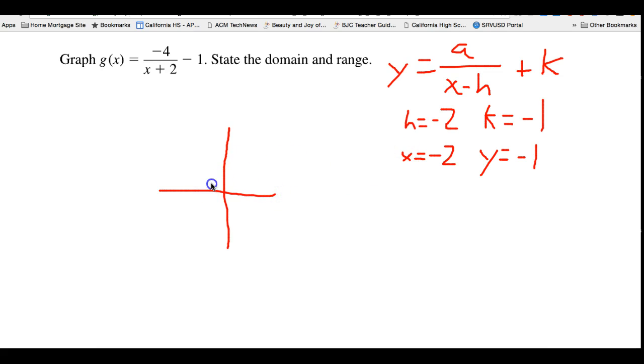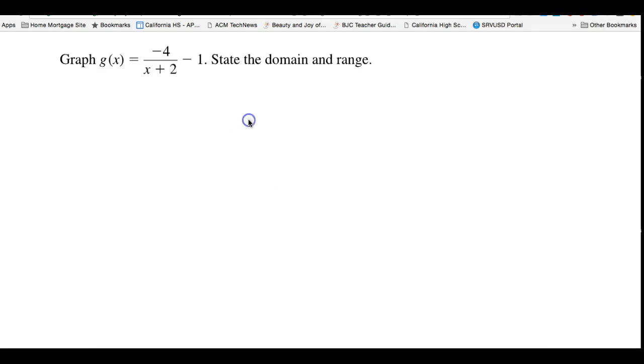At x equals -2, we're going to have our vertical asymptote, and at y equals -1, we're going to have our horizontal asymptote. So this would be the first step here, to draw your asymptotes. Okay, now your next step is going to be actually making a table for points to the left and to the right of your asymptote. So let's go ahead and go through this.